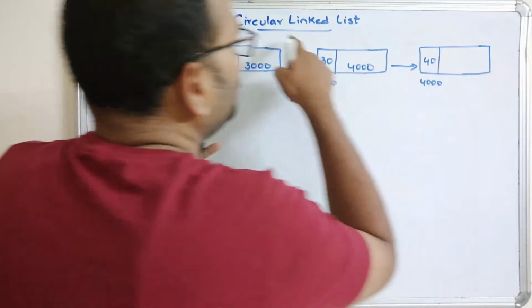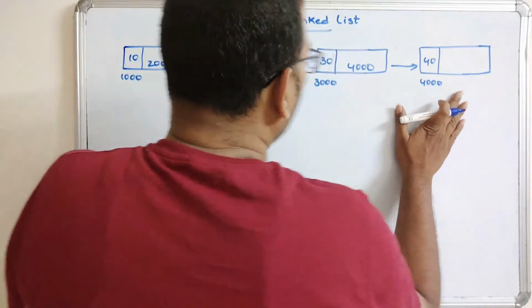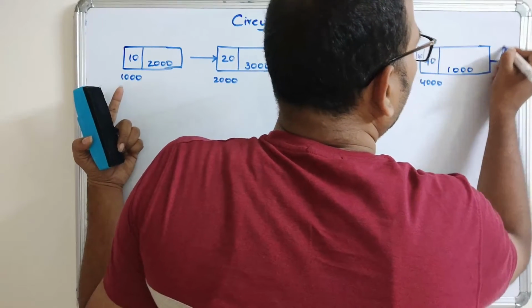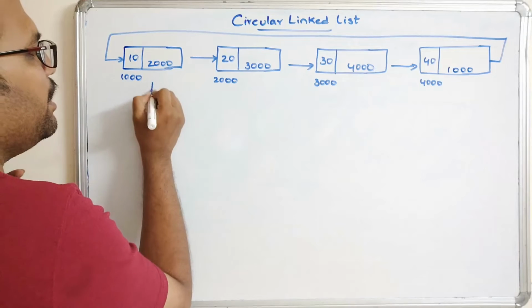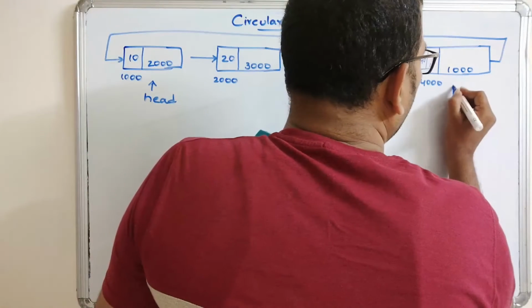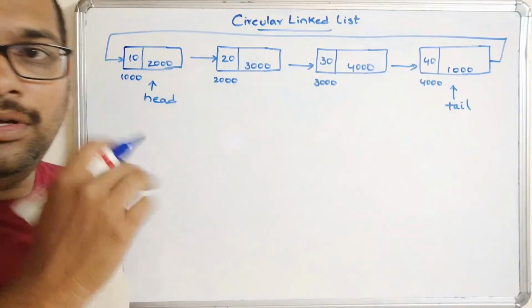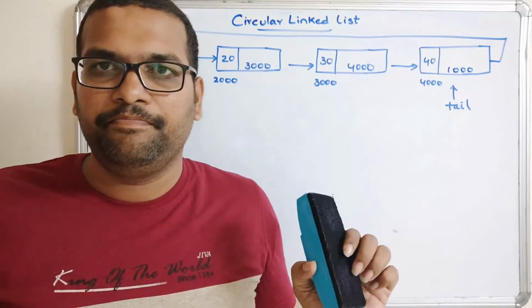The last node holds 1000, because this is a circular linked list, so the last node should hold the address of the first node. There will be a link from the last node to the first node, this will be the head, and this node will be the tail. Now our circular linked list has 4 different elements.